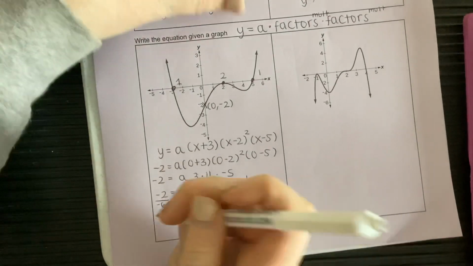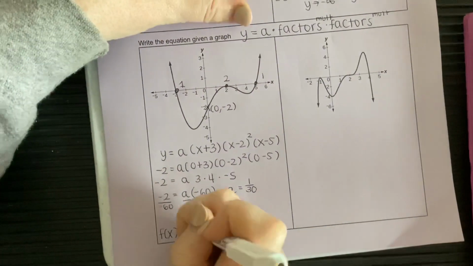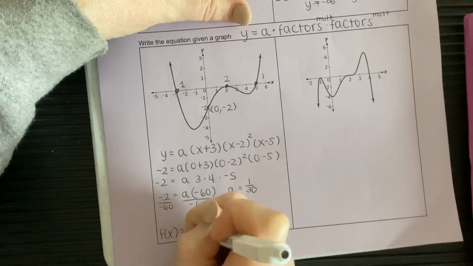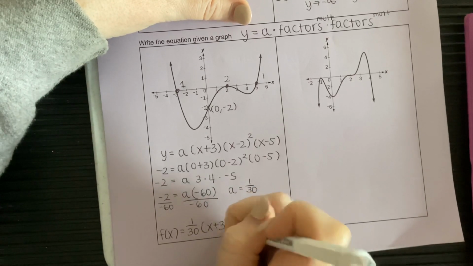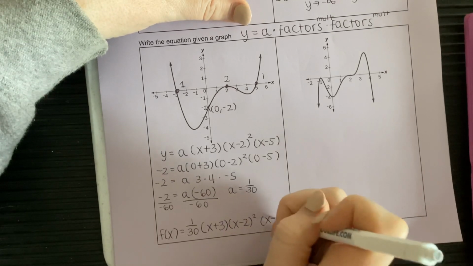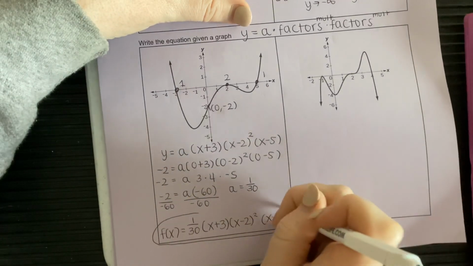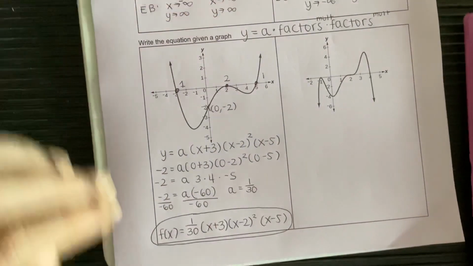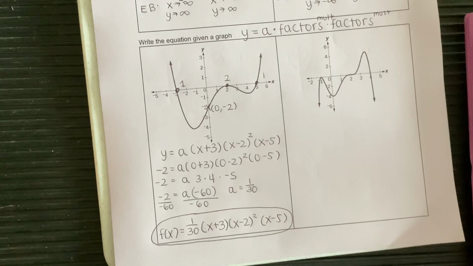So your final equation, you can write y equals, you can write f of x equals, does not matter, is equal to 1/30 times x plus 3, x minus 2 squared, x minus 5. If they asked for it in standard form, you'd have to multiply out all those factors. I doubt that they would, but if they did, then that would just be multiplying.